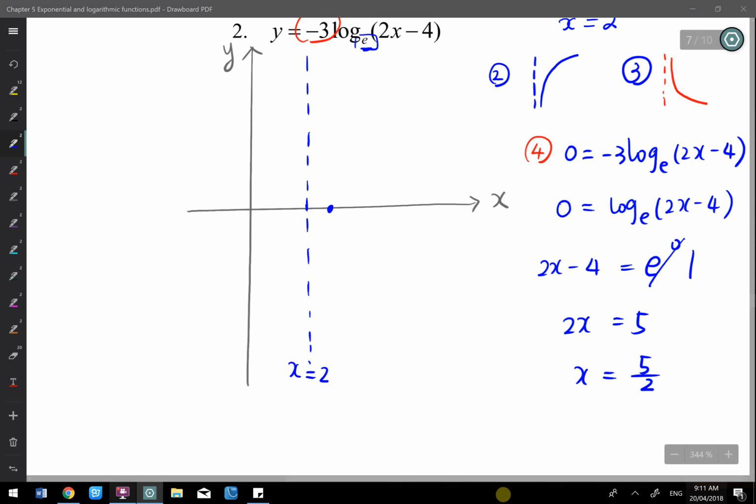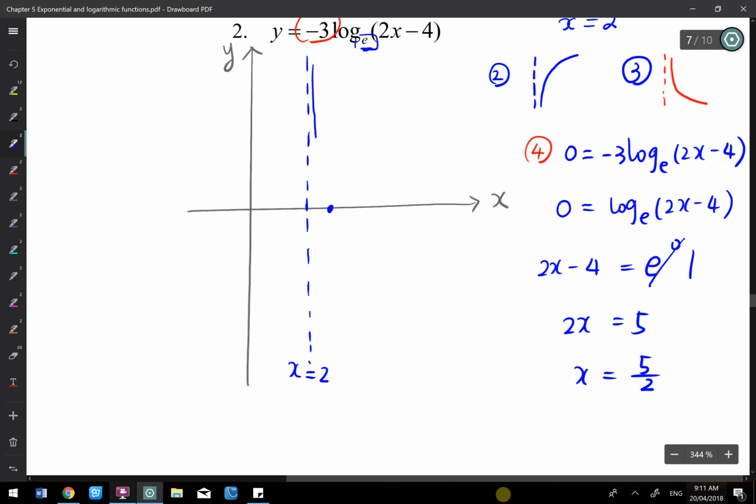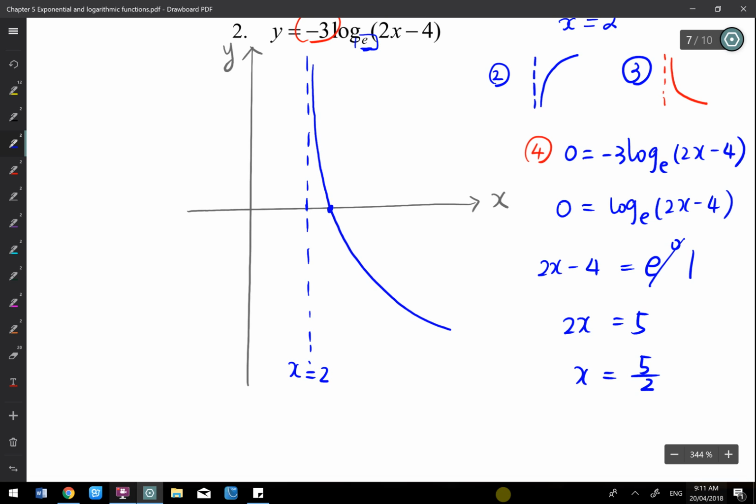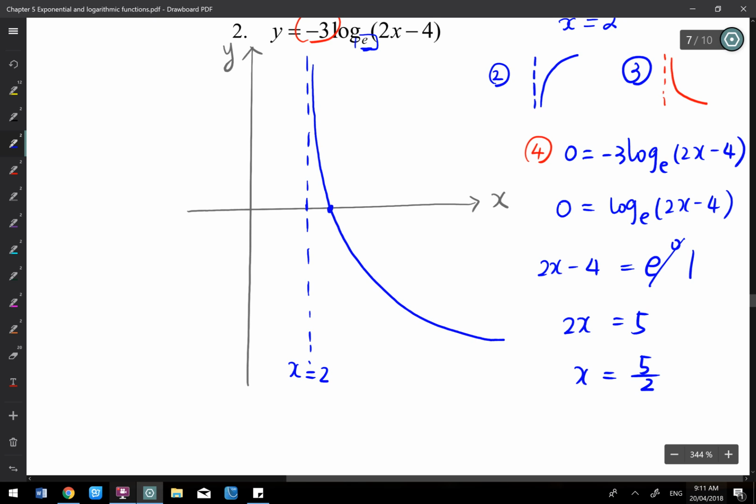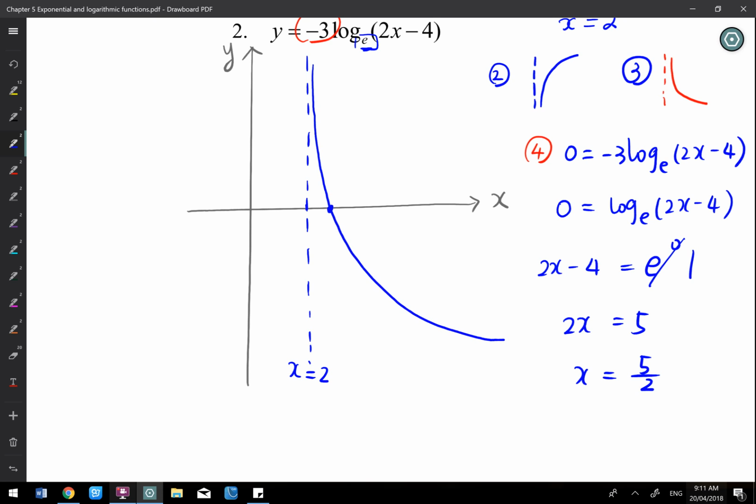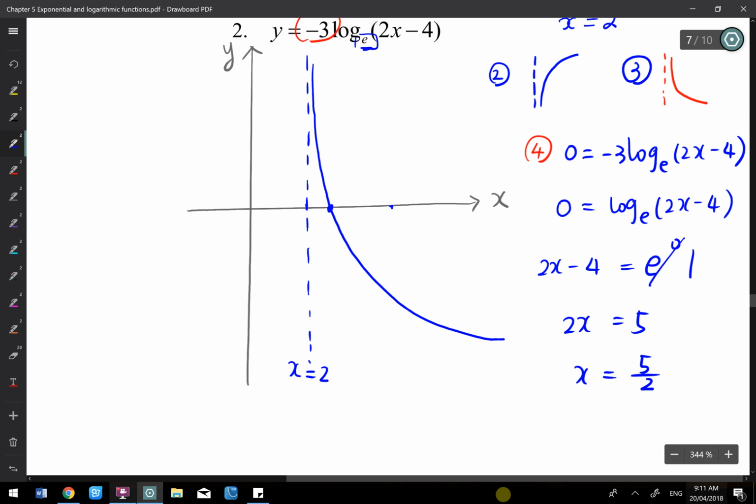And you know it's a decreasing shape. I can't find any y-intercept. The shape looks like this. Well, I can find another point, for example 5, negative 3 log e 6.